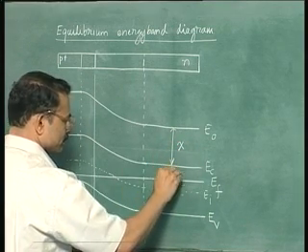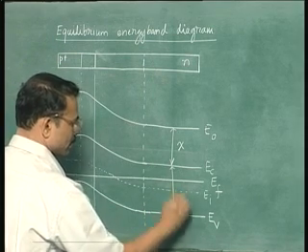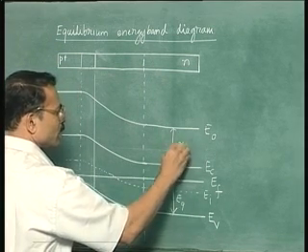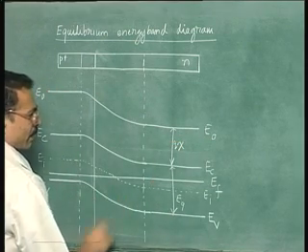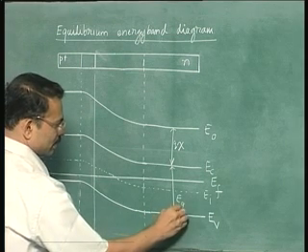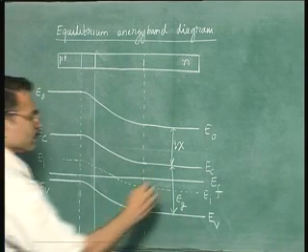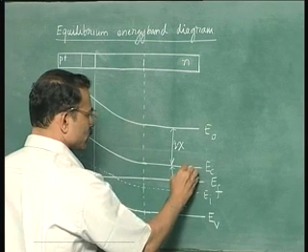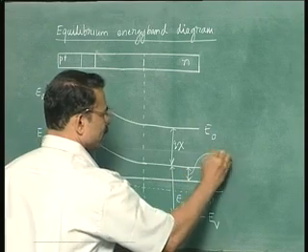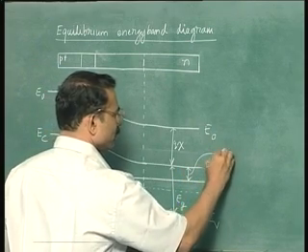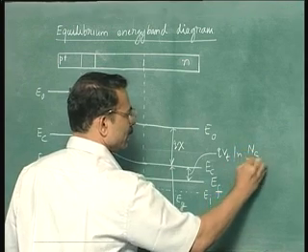Where this distance is electron affinity, this distance is Eg, energy gap. This electron affinity is in volts, so normally you multiply it by Q to indicate that it is energy, and this is energy gap. Now this EC minus EF depends on the doping level. So this EC minus EF is nothing but Q times Vt ln Nc by Nd.